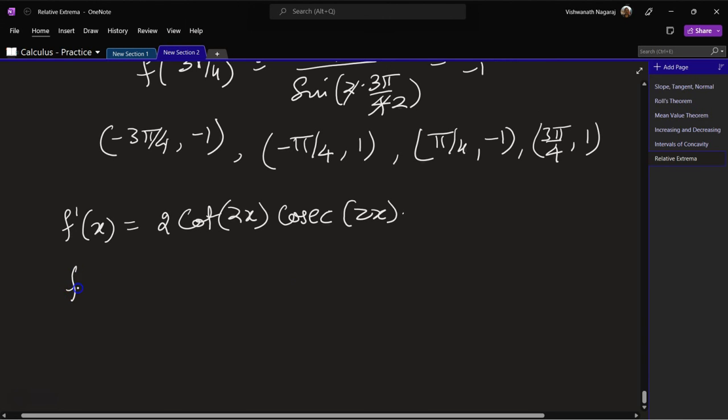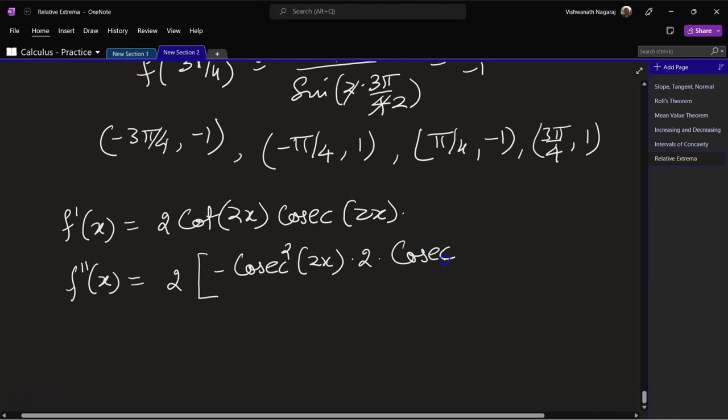Okay, so f double prime of x would be 2, let's take it out, and let's differentiate cot 2x. Cot 2x is minus cosec square 2x, and then times 2, then cosec 2x as it is.